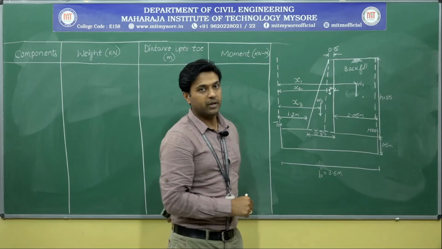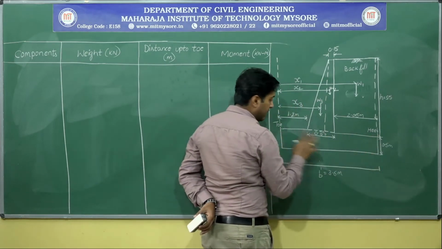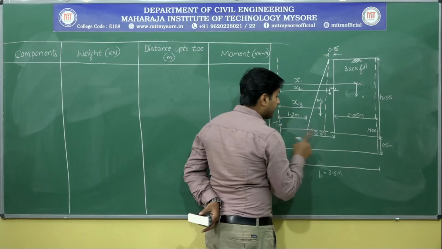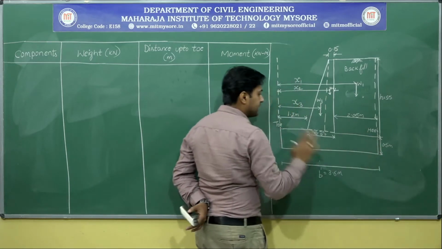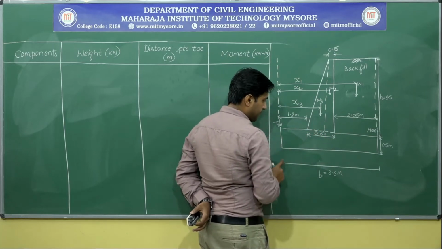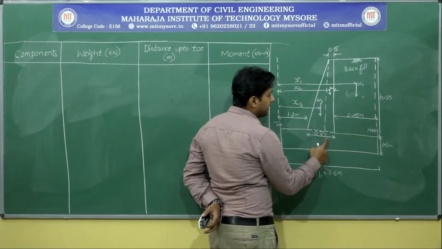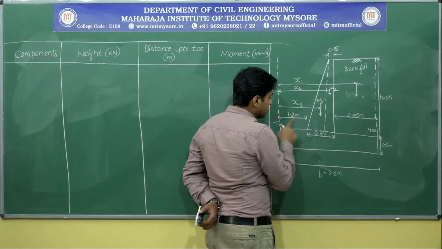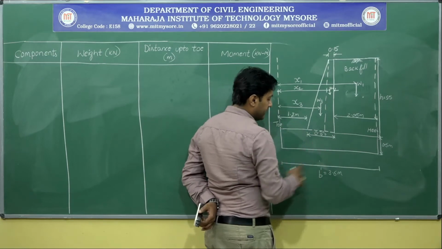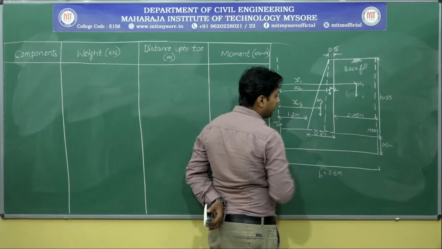Be careful. Okay, next, this is the fourth portion. It is the base slab. As it is a rectangle, I can easily say that the centroid lies exactly at the center. But observe here, this is 1.2, this is 0.35, so it is 1.55 totally. Here it is 3.6 meter, half of it is 1.8 meter.